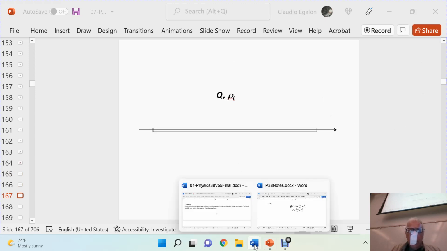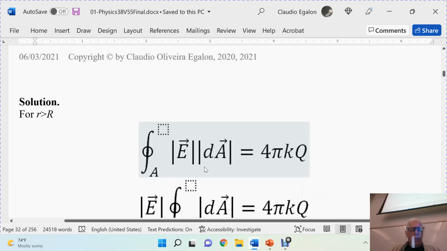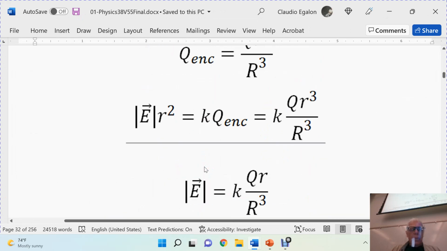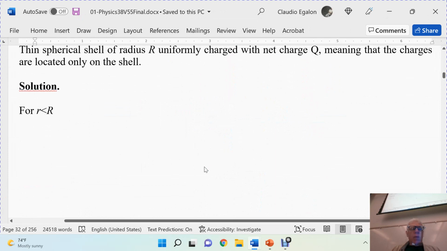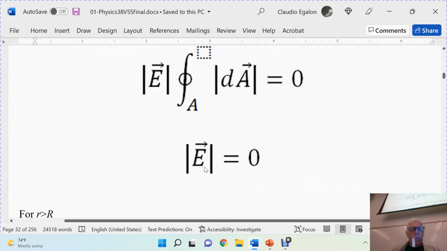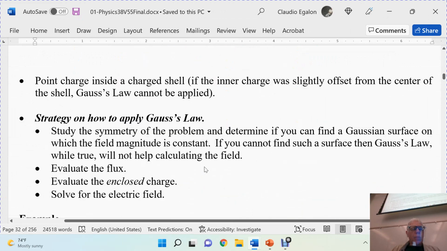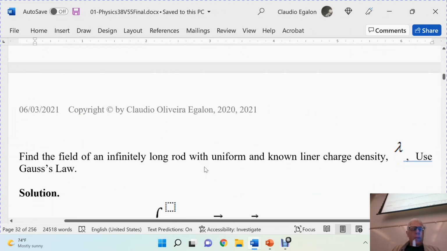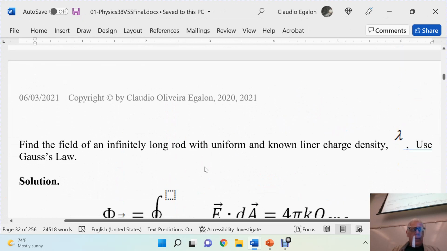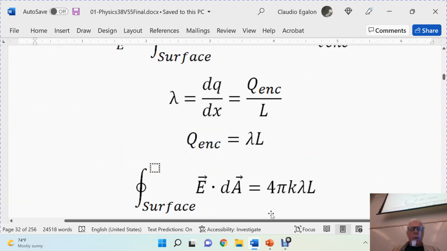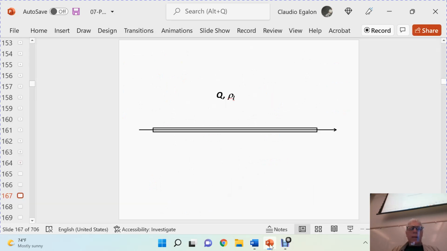The notation we usually use is lambda. I do not know why I used rho here. Let's use lambda here.